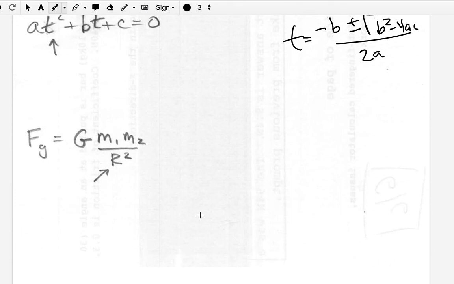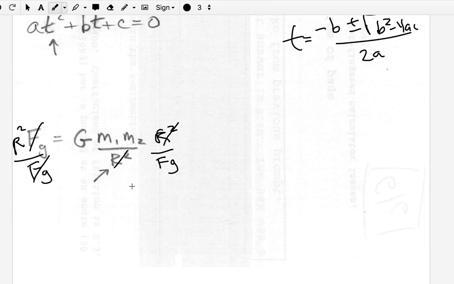Solving this for r squared, we're going to multiply both sides by r squared and then divide by fg. Divide both sides by fg. Look what we have now. These fg's cancel.